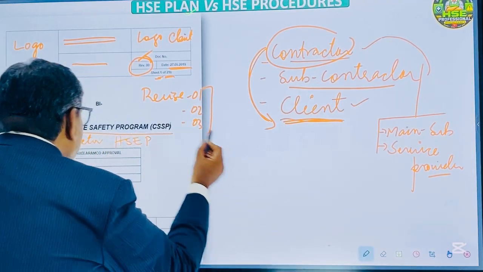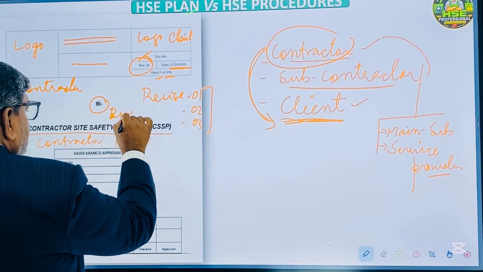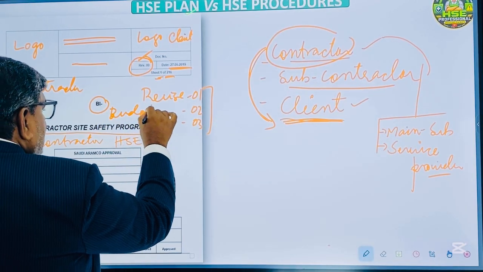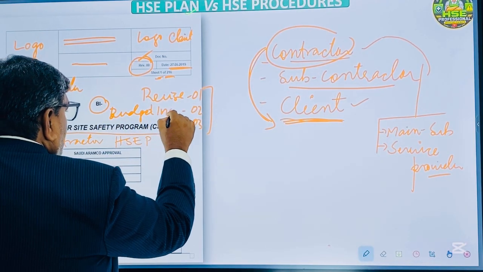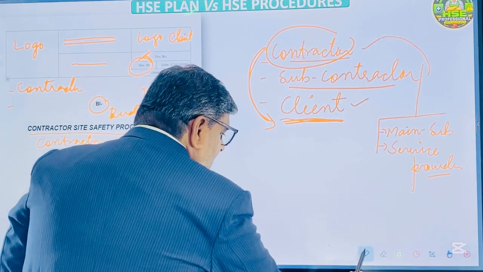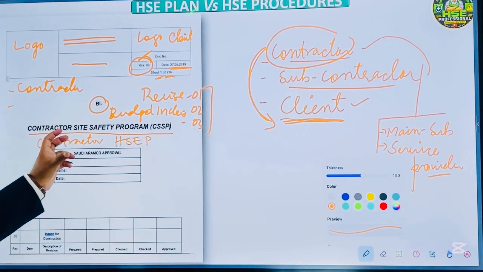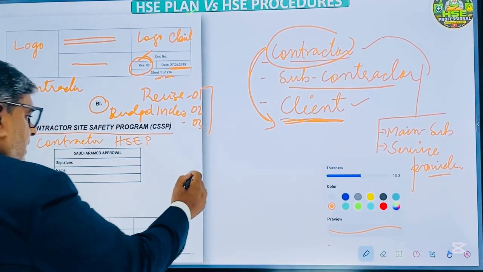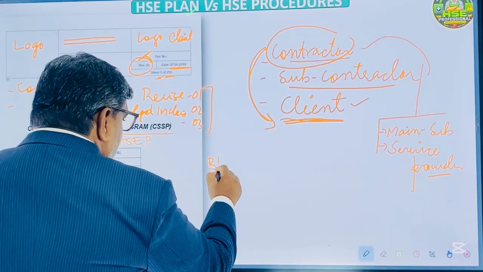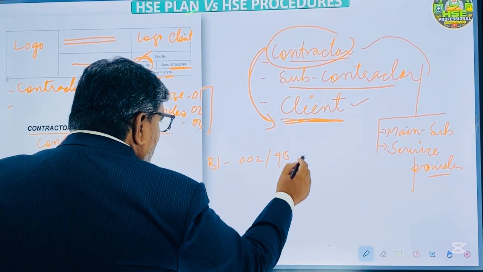The word is BI, like budget index. Budget index, it is an index. Okay, that this budget was issued for this BI. Suppose BI 00295 something.